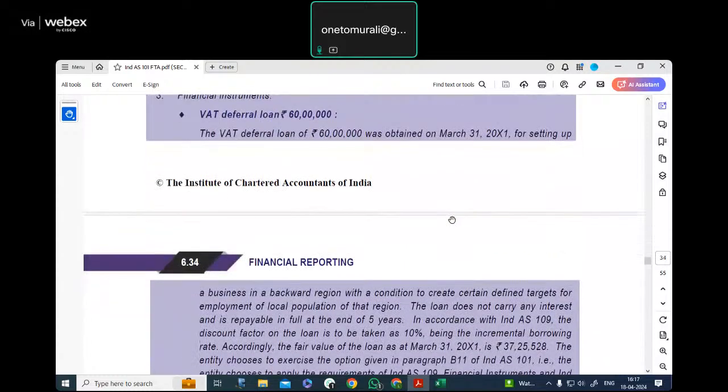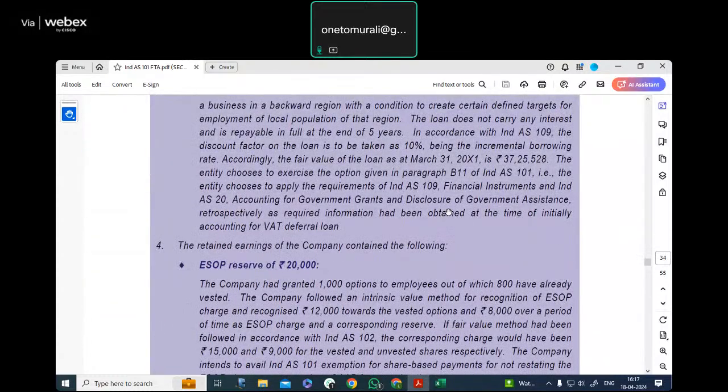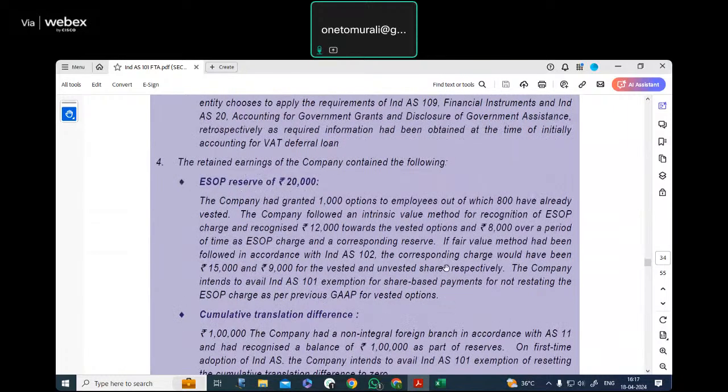So they are giving the breakup of 20,000 as 12,000 and 8,000 between vested and unvested. Fair value has been adopted with Ind AS 102. The corresponding charge would have been 15,000 and 9,000 for the vested and unvested respectively. So what is considered as 12,000 is now 15,000. What is considered as 8,000 is taken up at 9,000.